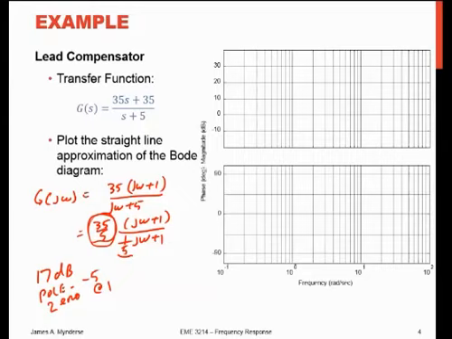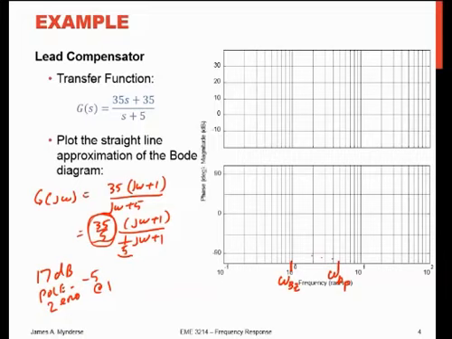So the zero is at a, this is omega B, and at 5, omega B for the pole is right there. Let's do the magnitude part first.